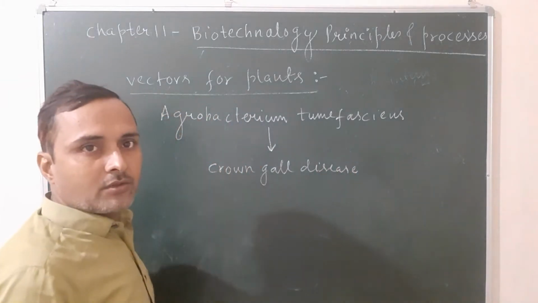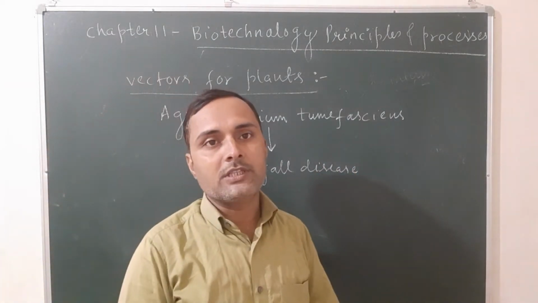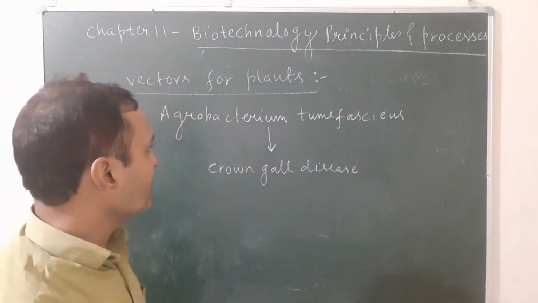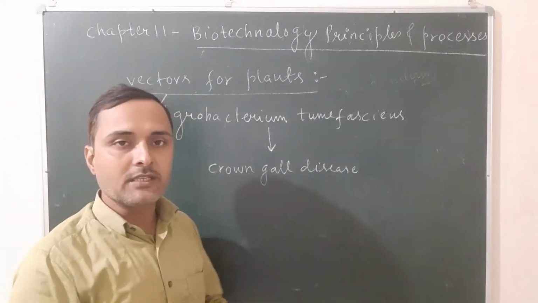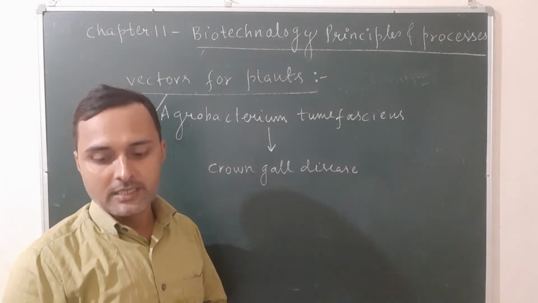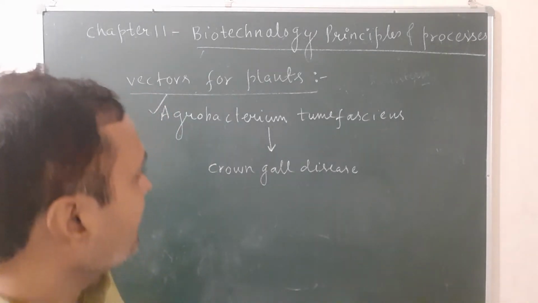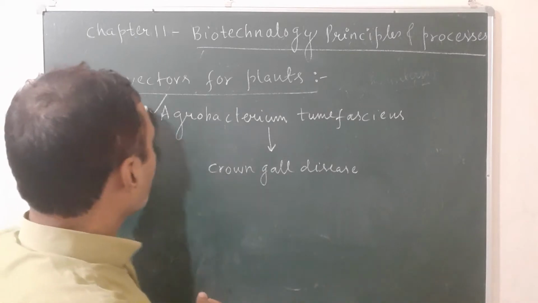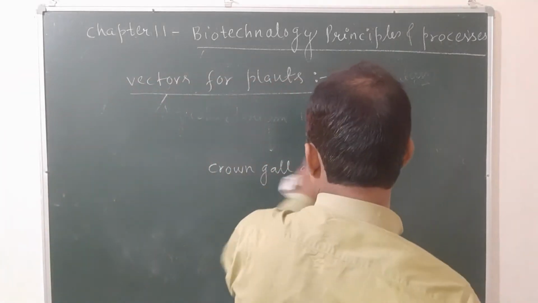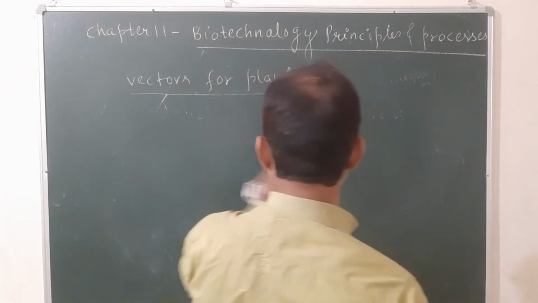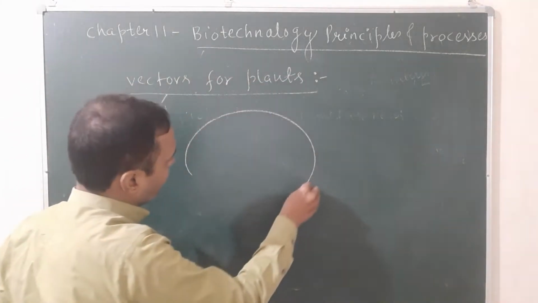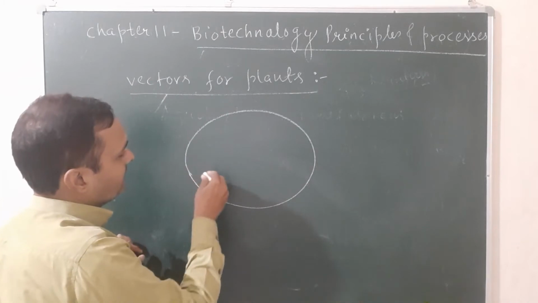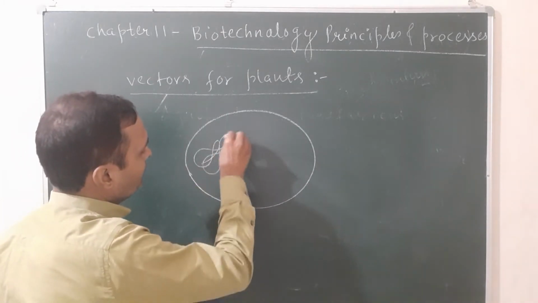The most common vector used in plants is Agrobacterium tumefaciens, which normally causes crown gall disease in dicot plants. Let us see the structure of Agrobacterium and how this bacterium differs from other bacteria. This is the bacterial chromosome.